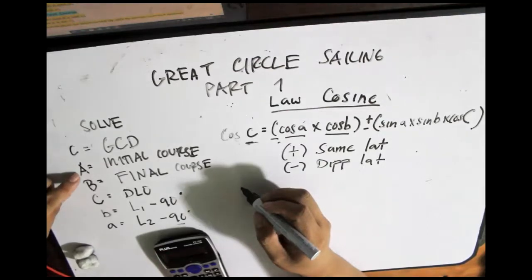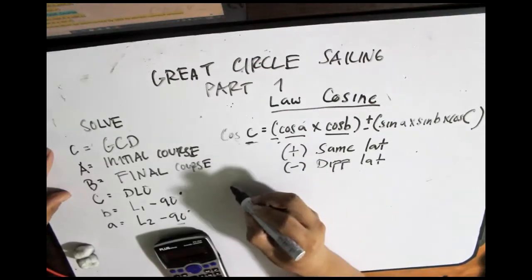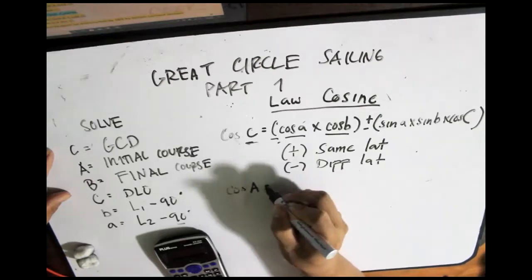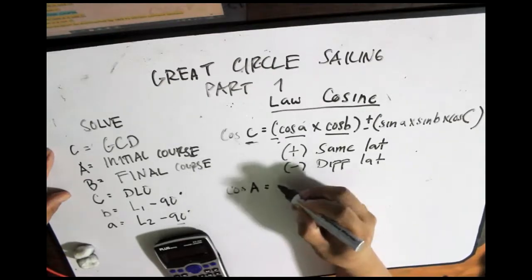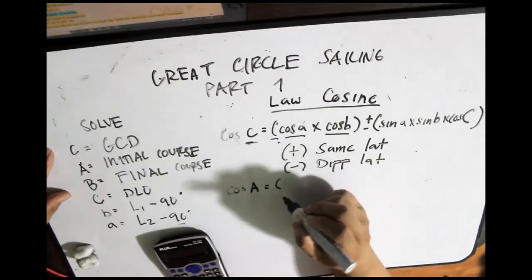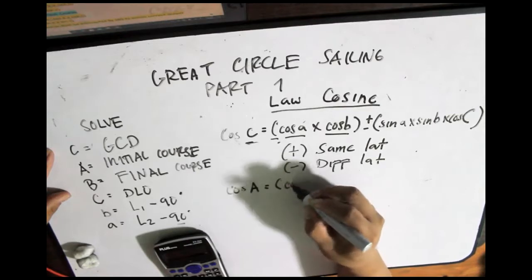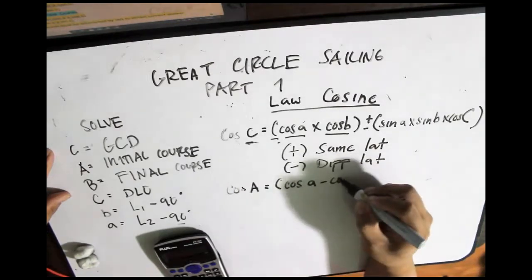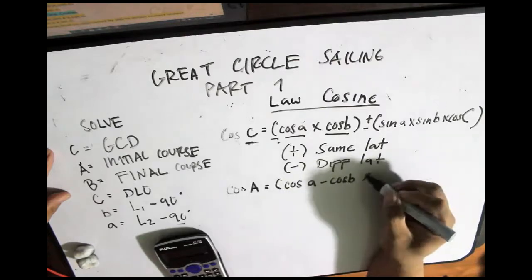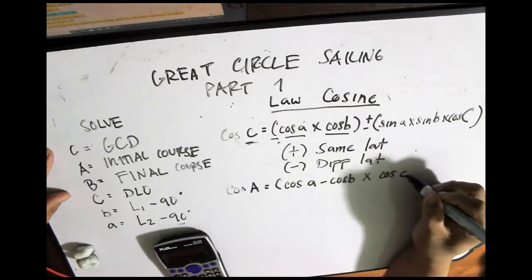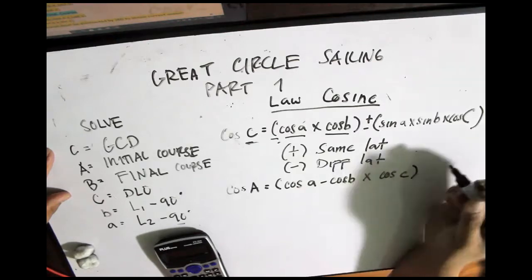We are looking for this A. So cosine A is equal to open parenthesis natin. Ganito yung calculation sa calculator. Cosine A, okay, minus cosine B, okay, times cosine C, okay, close.